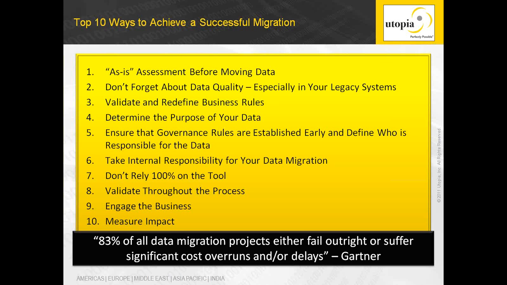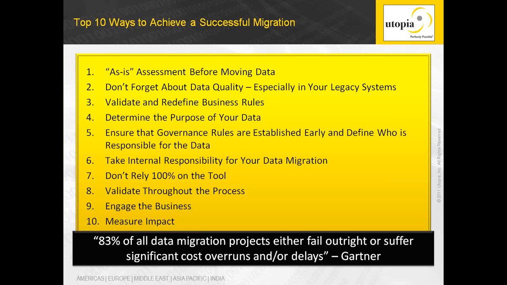Yeah. So I think one of the important things to understand, and you'll see the quote on the bottom of the page here, is that Gartner have done some surveys, and they identified that 83% of all data migration projects either fail outright or suffer significant overruns in cost and/or delays.